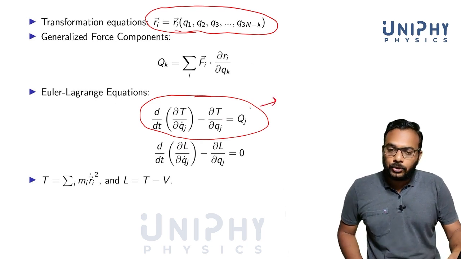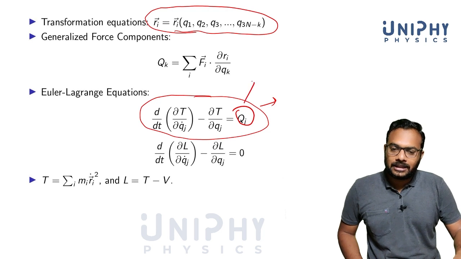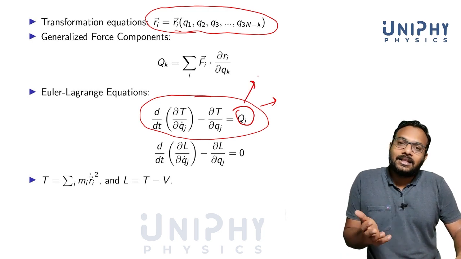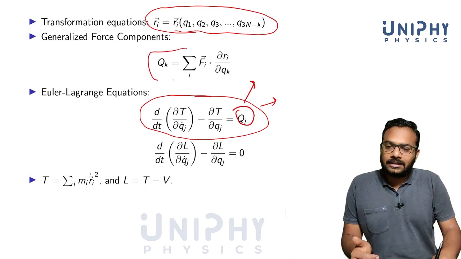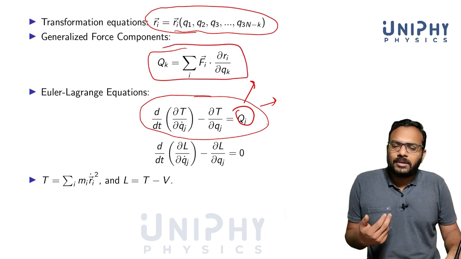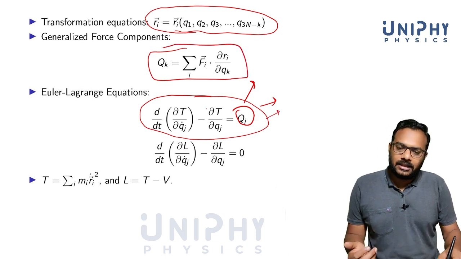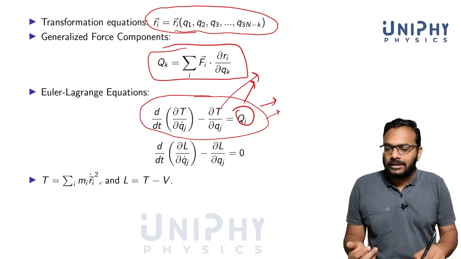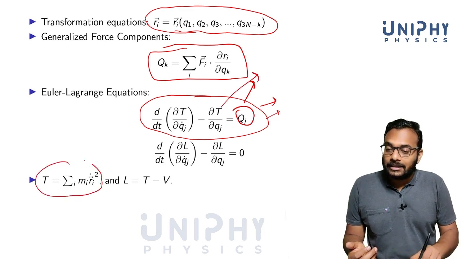Here Qj is known as the components of the generalized force, and it's defined like this. For some problems, this may be convenient. T here is the total kinetic energy of the system.